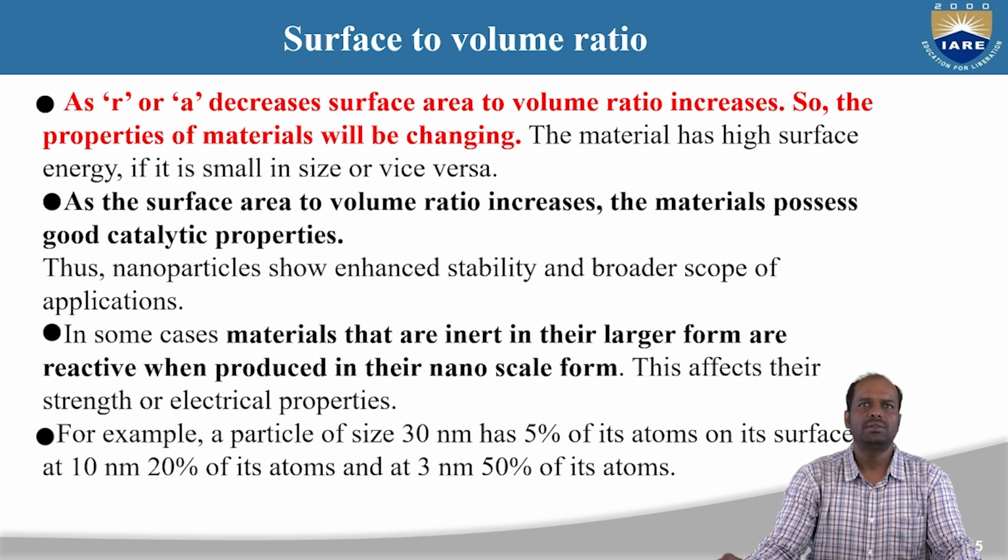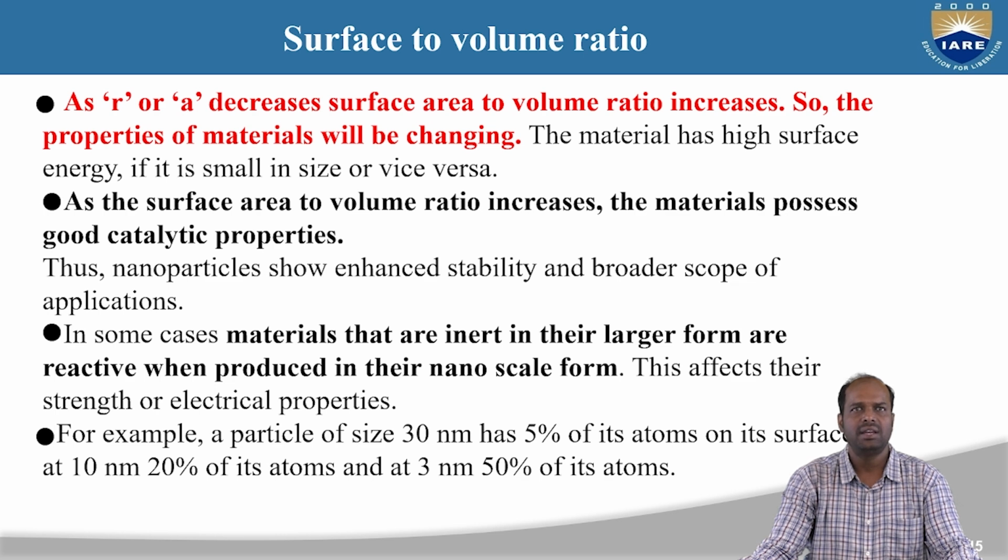So the properties of the material will change. The material has high surface energy if it is of small size, or vice versa. As the surface area to volume ratio increases, the material possesses good catalytic properties, one major benefit.